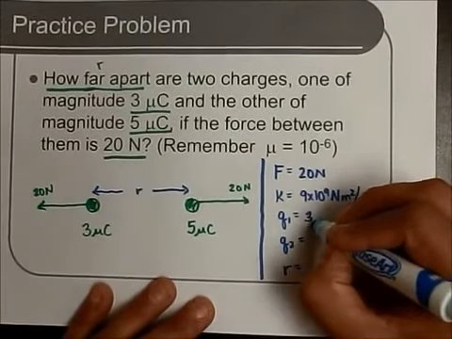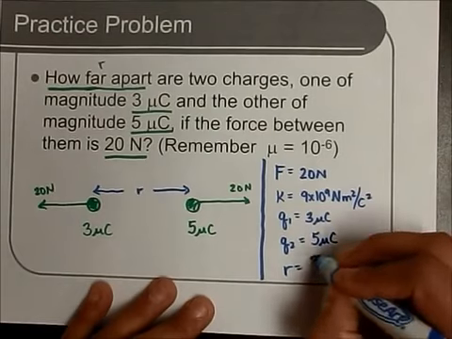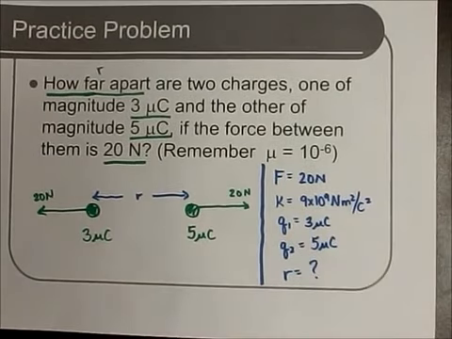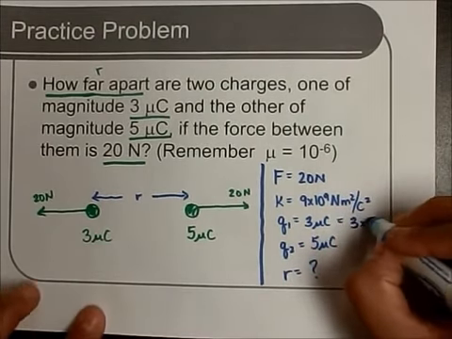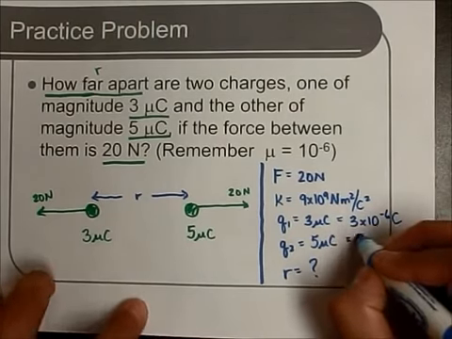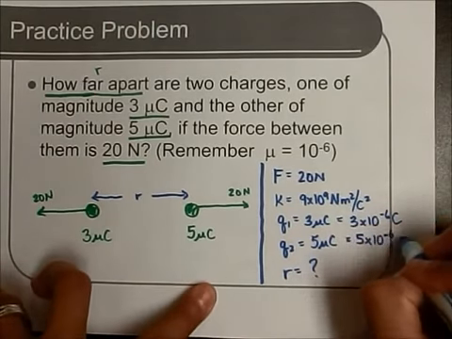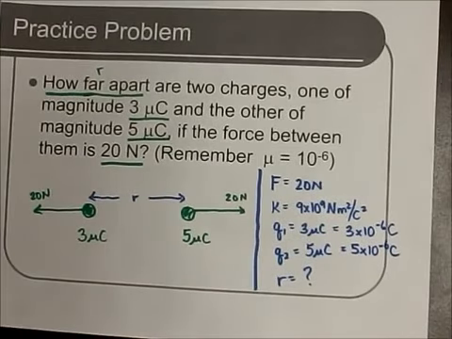Charge 1 is 3 microcoulombs. Charge 2 is 5 microcoulombs, and I don't know the distance between the objects. Remember I said that we have to convert microcoulombs to coulombs, so 3 times 10 to the negative 6th coulombs, and 5 times 10 to the negative 6th coulombs will be our second charge. So we're set up.